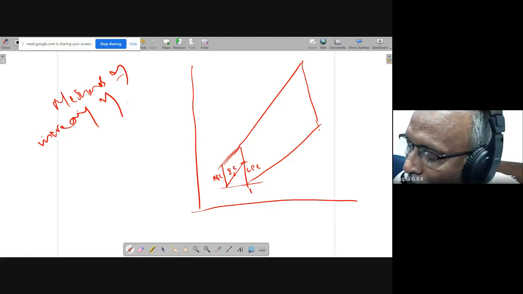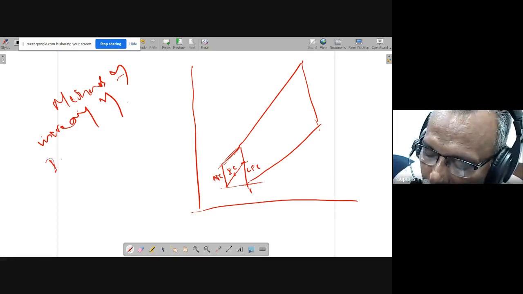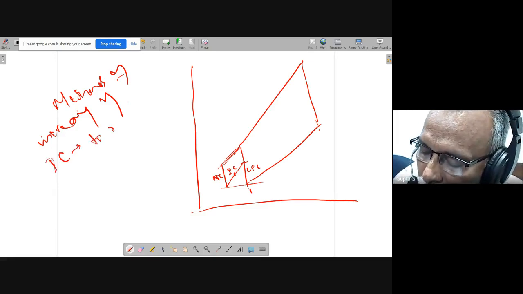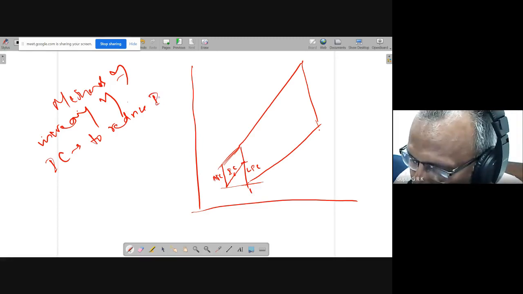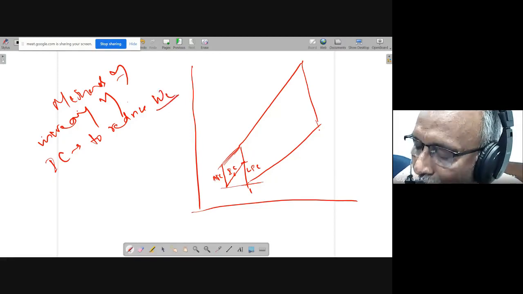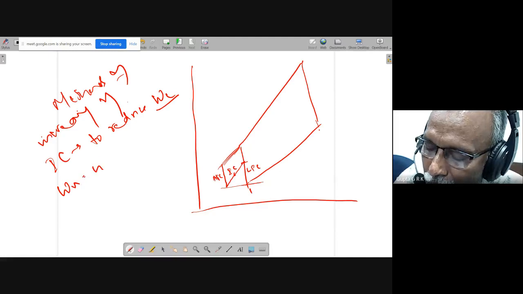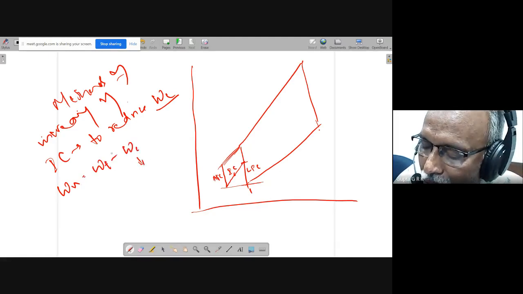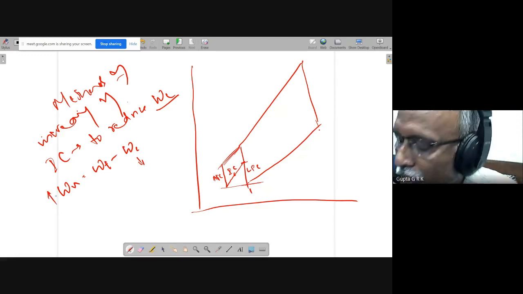So in this way, I can have an intercooler to reduce Wc. So W net can be increased, because W net is equal to Wt minus Wc. If this is decreased, I can have an increase in W net. So in that way, I can increase the work output.